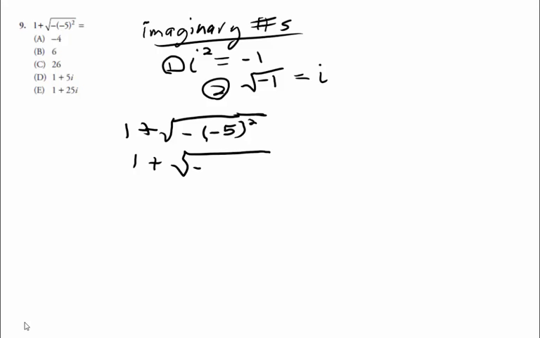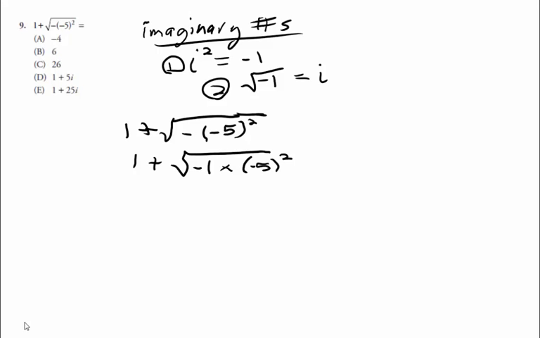So let me write that out. This is essentially what we're doing when we have it like this. It's -1 times this portion.